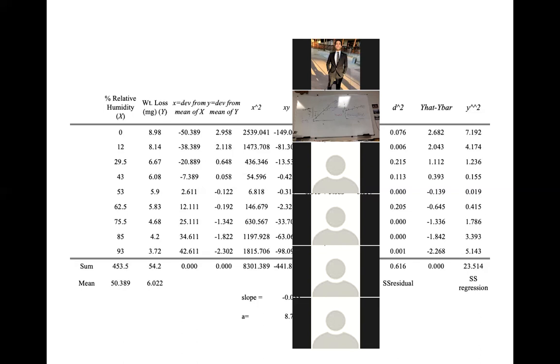That tells us the residual is like the error. It's how far off our sloped line of best fit, our best predicted line, was from the real data point.